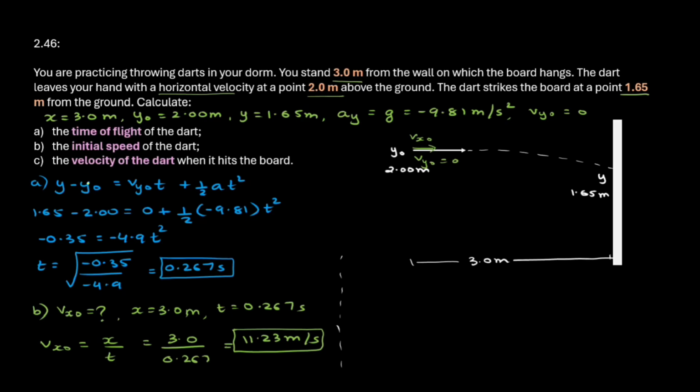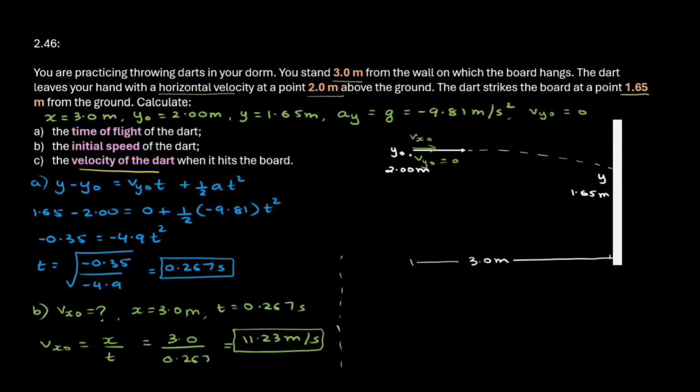Now in part C, they want us to find the velocity of the dart when it hits the board. So we basically need to find the final velocity of the dart. Now you can find the magnitude of the final velocity if you know the x and y components of the final velocity. So let us first find the x and y components, then we can get the magnitude. We know in projectile motion, the x component of velocity remains the same.